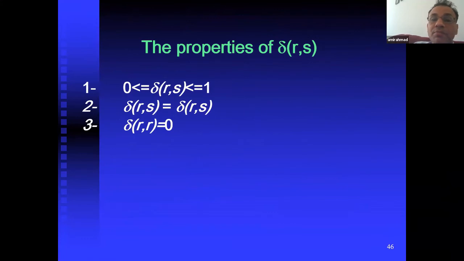What is the third problem? These values between 2 attribute values can be between 0 and 1. The distance between R and S is the same as between S and R. And the distance between the same attribute value is 0, but it's not always 0 and 1 for different values; it is between 0 and 1.